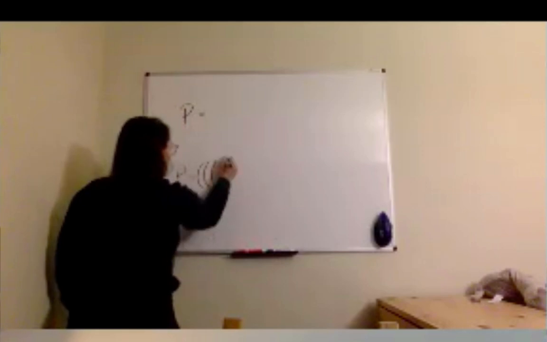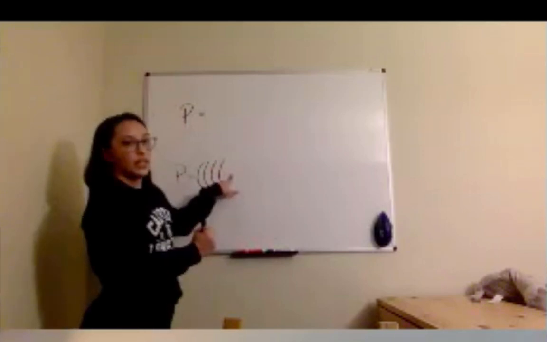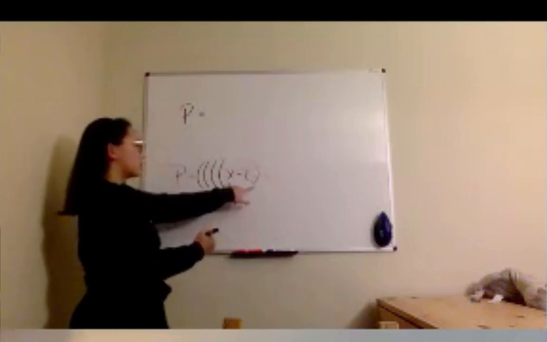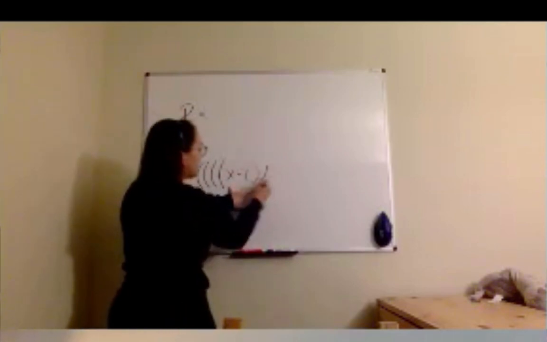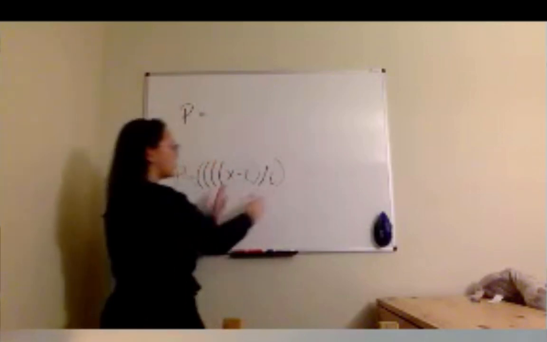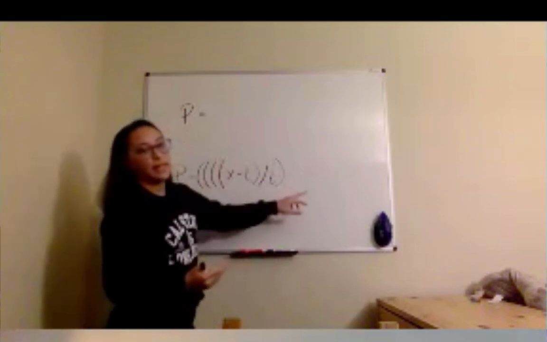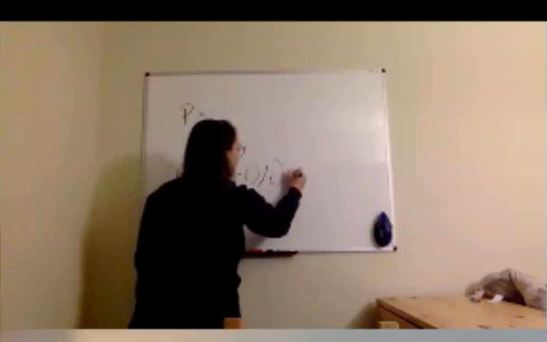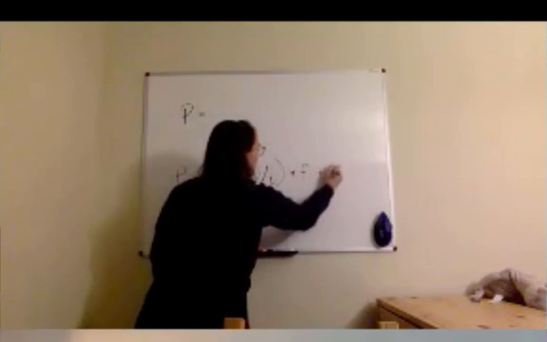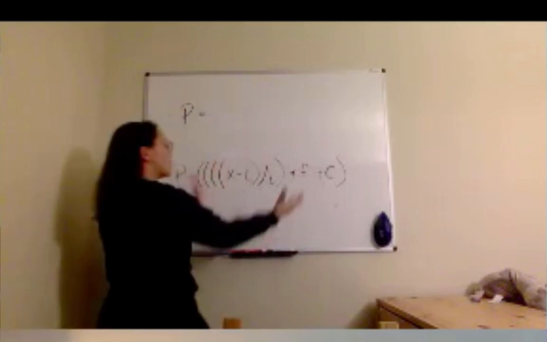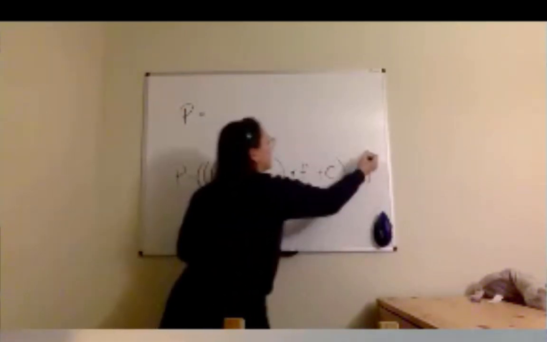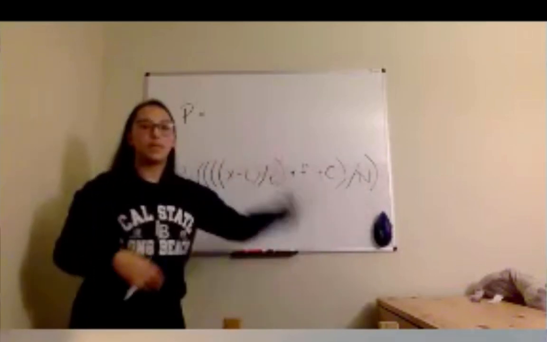You've got the X minus L part in the first parentheses, then, because you have to do that first, then you divide by I, so that's the next set of parentheses, and then you multiply by F, which should go in order, and then addition follows, and then you have to enclose the numerator over the denominator, close that, and then multiply by 100.